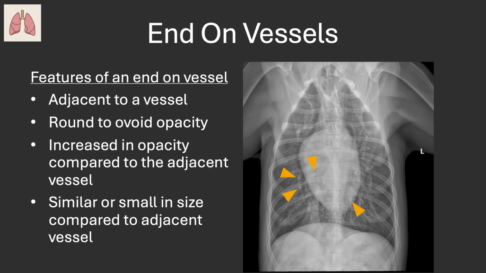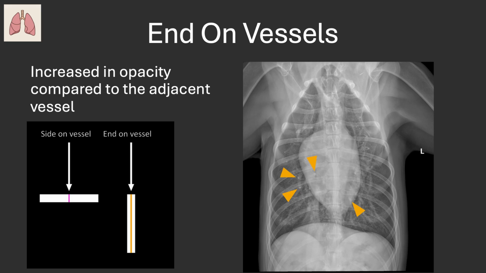End-on vessels. Vessels aligned end-on with the X-ray beam appear as small, round, or oval soft tissue to mineral opacities. These are distinguished from true pulmonary nodules by consistent positioning adjacent or over vessels, smooth margins, oval, round shape, size comparable or smaller than adjacent vessels, and increased opacity compared to the adjacent vessel due to increased attenuation when in an end-on orientation.